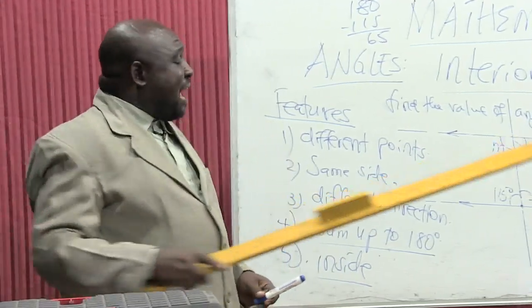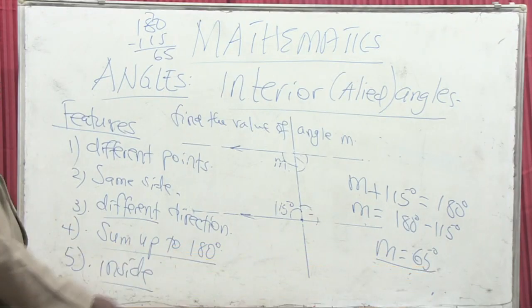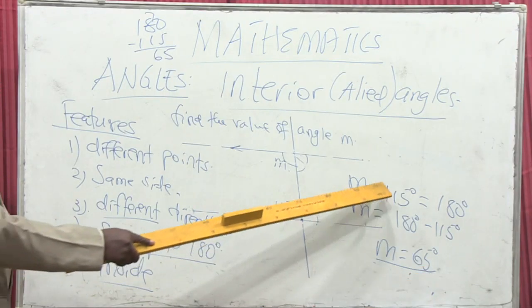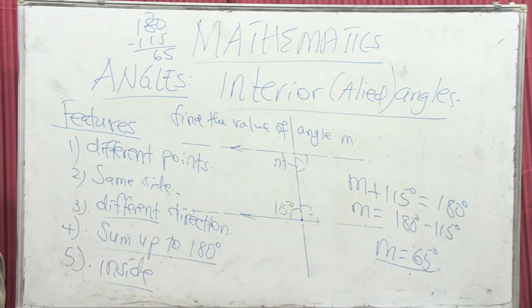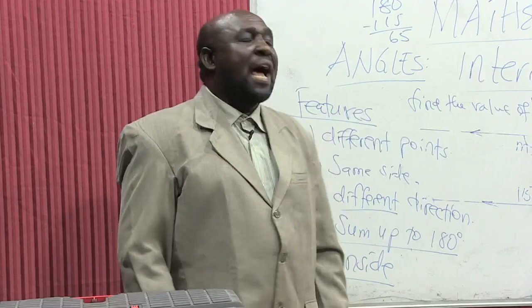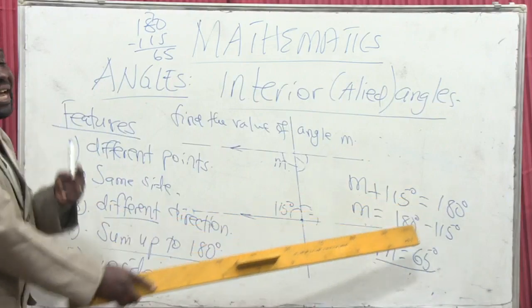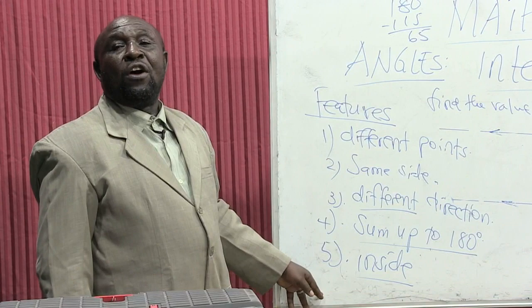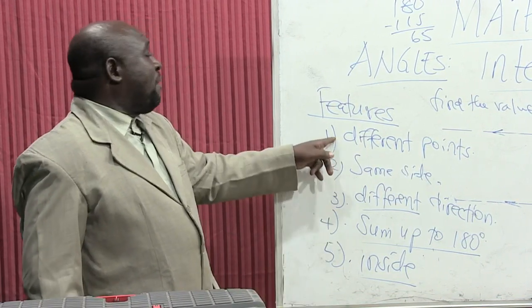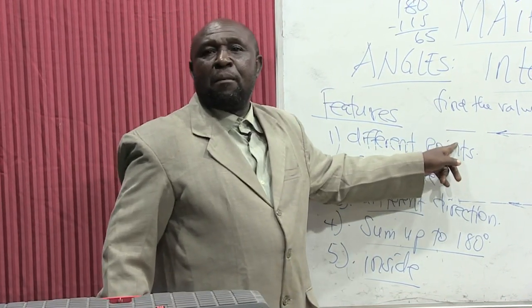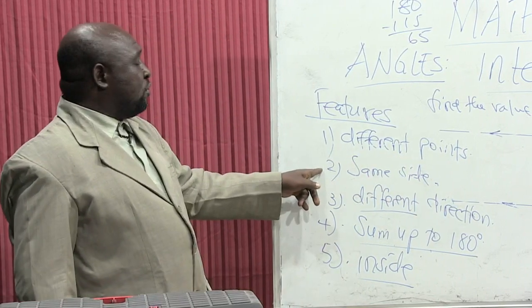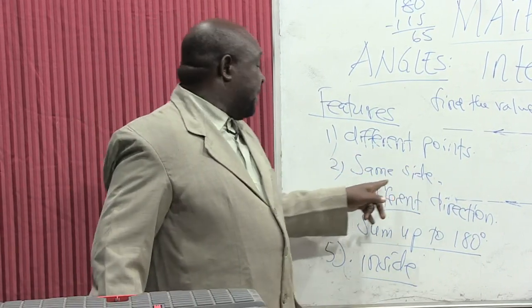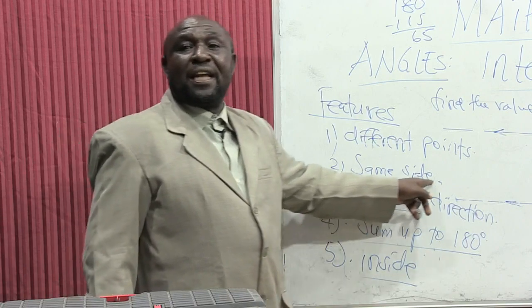How did we arrive at calculating the value of M as 65 degrees? By the concept of interior angles. And how do you get that concept? By remembering the features of interior angles. Feature number 1, different points. Feature number 2, the same side. Feature number 3, different direction.